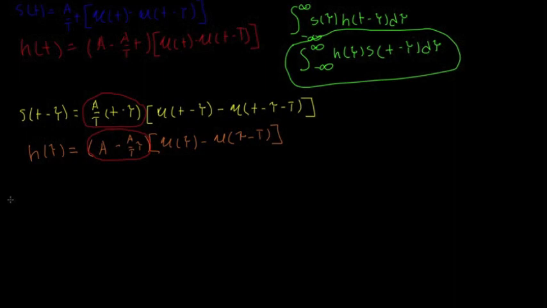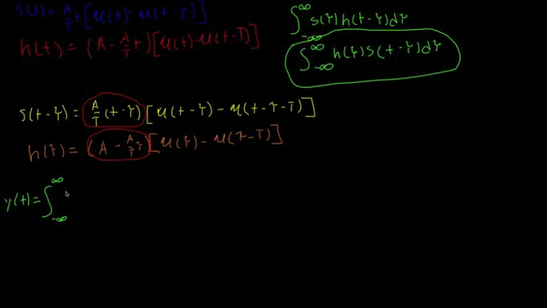So y of t is going to equal the integral from negative infinity to positive infinity. And now let me shift back between the colors. Let's start out with this s of t minus tau.